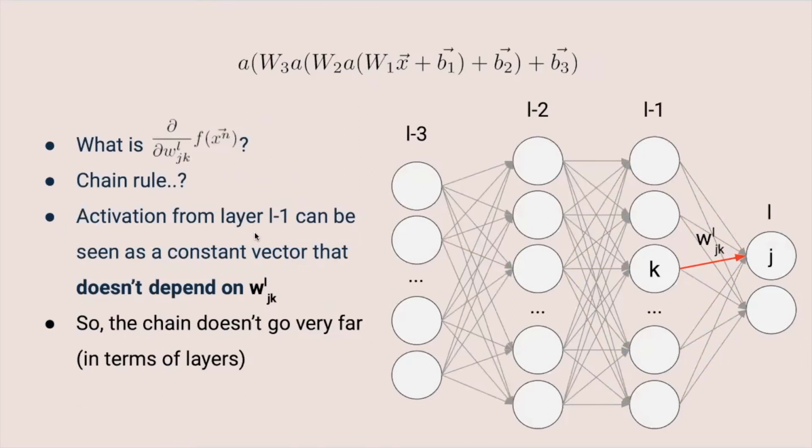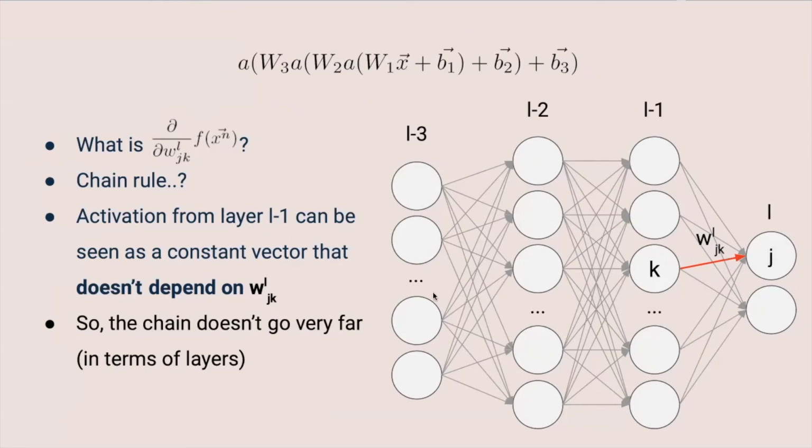And so basically, one thing we can realize is that, for example, if we have a neural network that looks like this, where we have two hidden layers, and we wanted to take the derivative with respect to, say, this weight right here in the final layer, the chain rule wouldn't go very far, right?